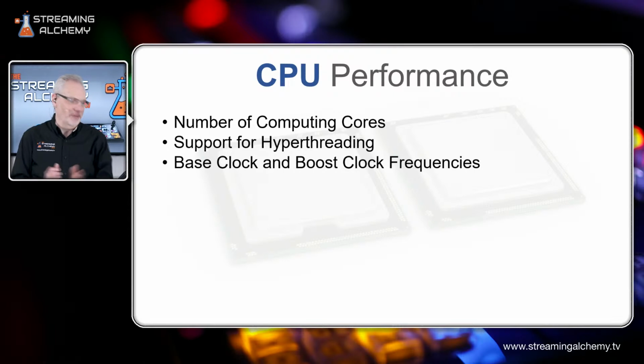So the next thing to think about after the cores count and the hyperthreading capabilities is something called the base clock and the boost clock. Now, again, this is something that's changed as CPUs have evolved. And the clock basically is the speed that instructions can be processed inside a computer. How many times a second does the CPU get to do stuff?